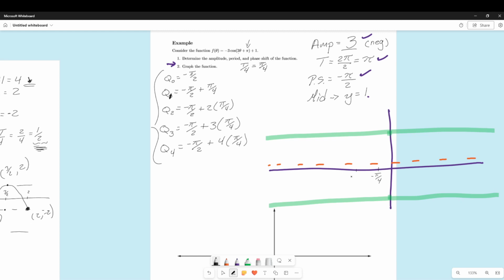So that's 1 pi over 4, negative 2 pi over 4s, negative 3 pi over 4s, and so on. Negative 4 pi over 4s, which would just be negative pi. I don't know how many of these I'll need or want. Negative 5 pi over 4, and so on. And 0, pi over 4, pi over 2, 3 pi over 4.